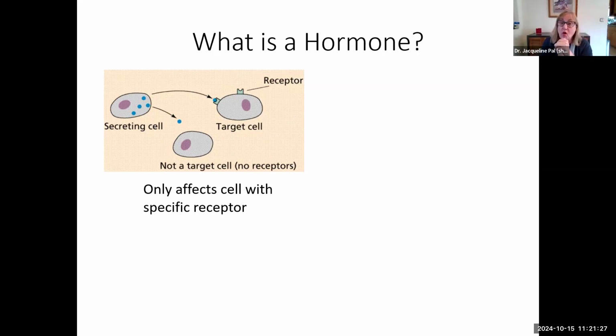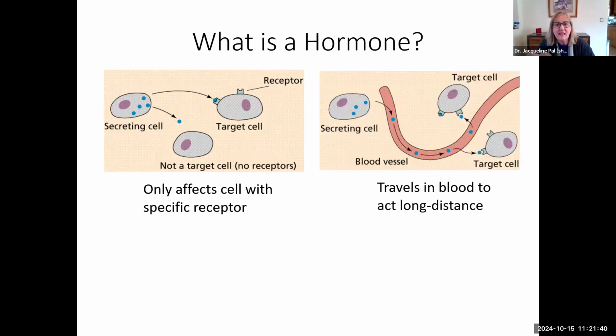It won't fit in a growth hormone receptor. And so if a target cell has no receptors, it's not going to affect that cell. And remember, most cells have hundreds of different receptors. And the second thing is most hormones are going to travel in your bloodstream to act a long distance away from where they are being produced and secreted from.